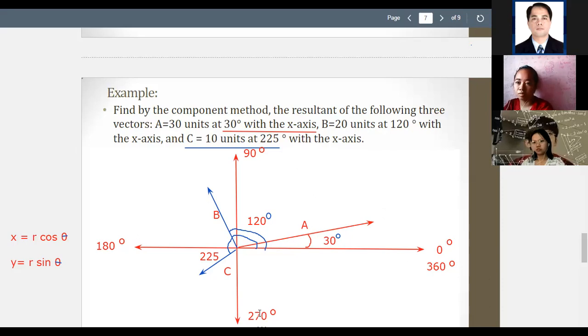It should be more than 270, because if it is 270, then it is simply going south. So it's more than 270 but less than 360. So maybe 315.